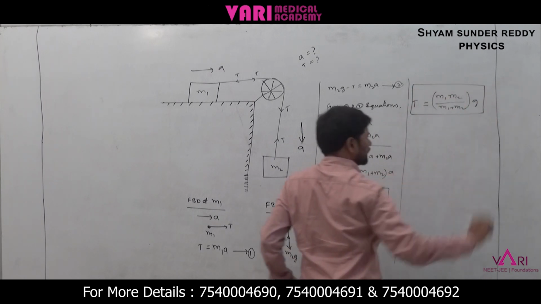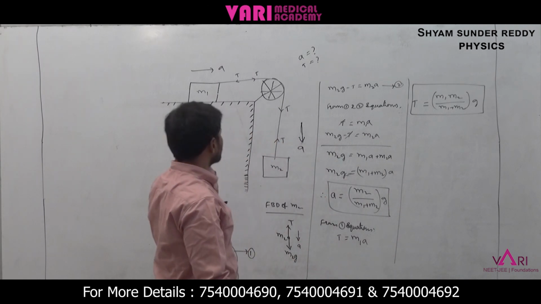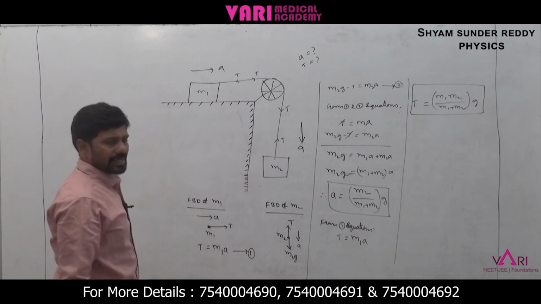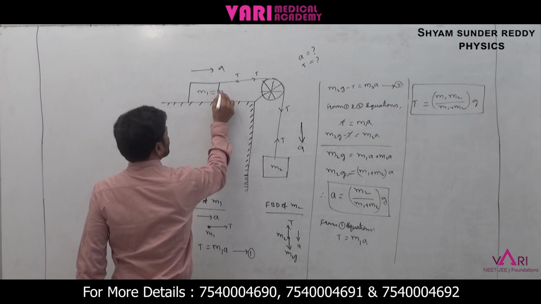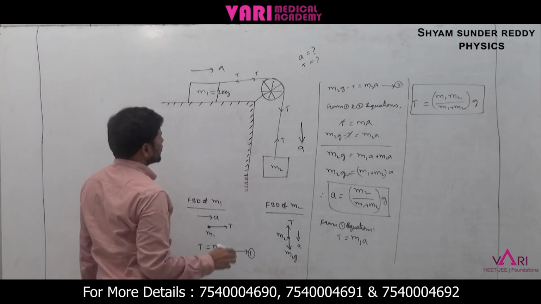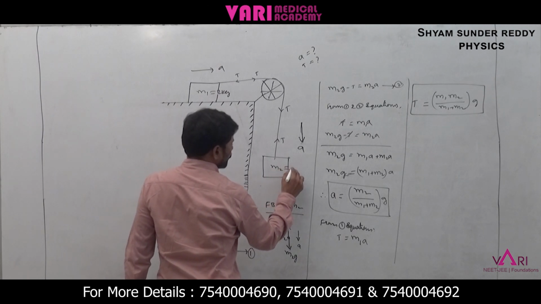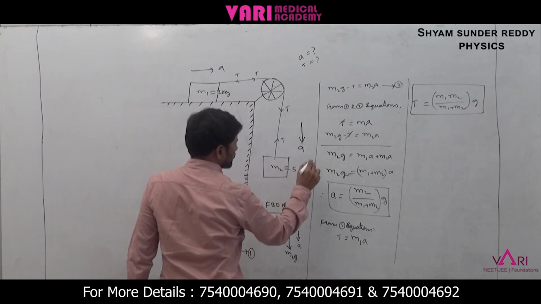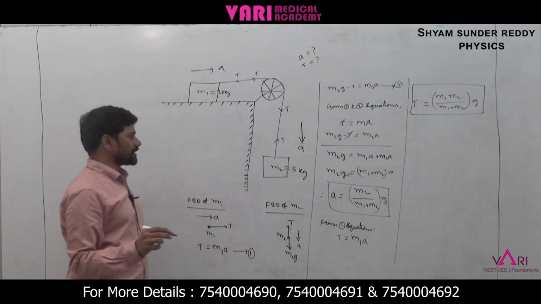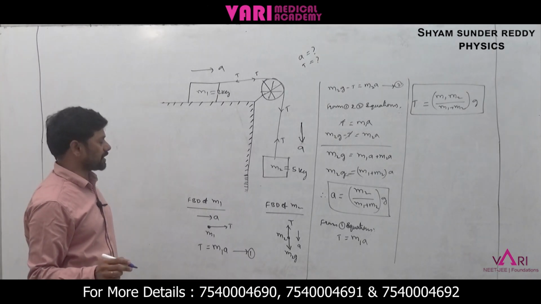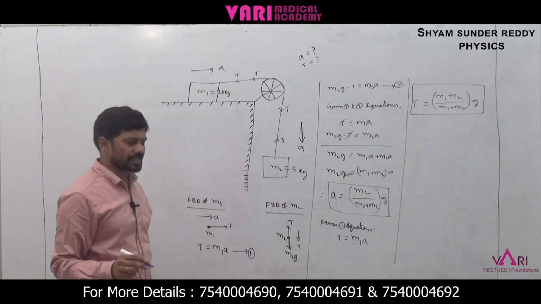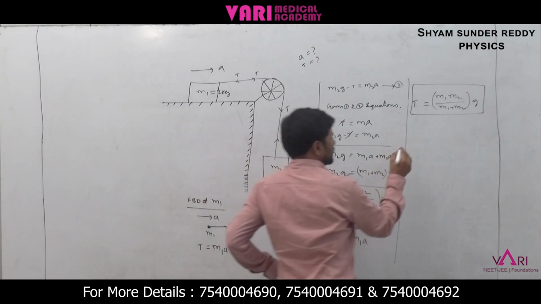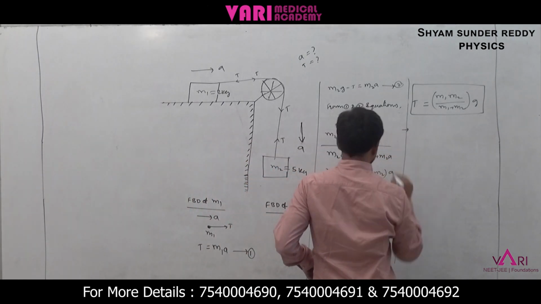In this case, if mass M1 is equal to 2 kg and M2 is equal to 5 kg, then what is the acceleration and what is the tension? Just substitute the values in this equation, then you will get the answer directly.